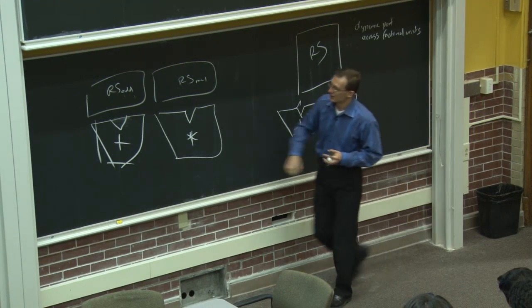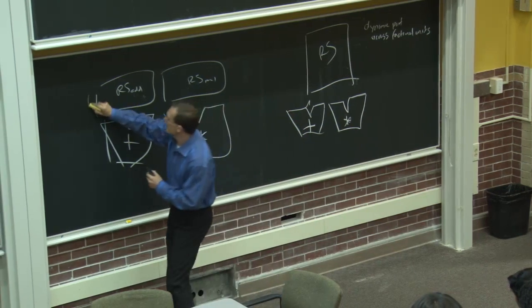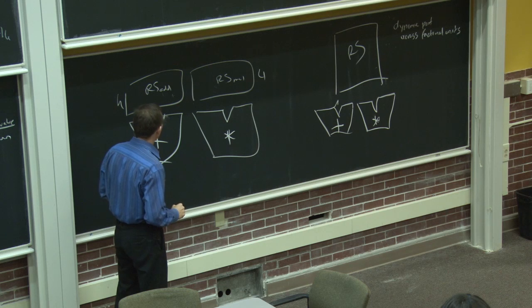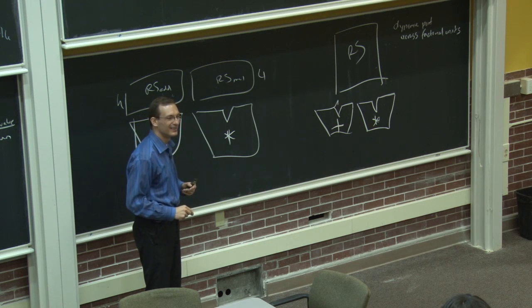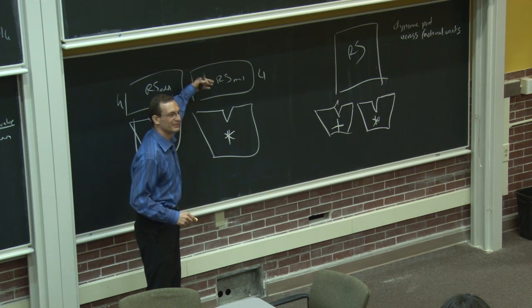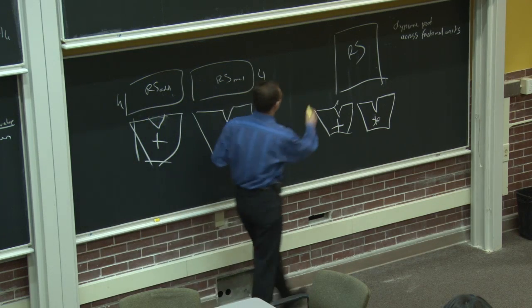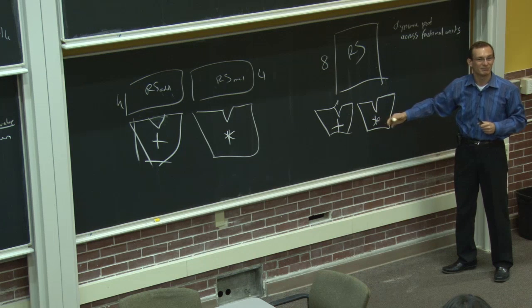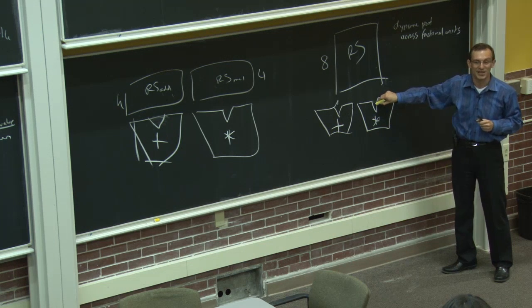For example, here, let's say you have 4 entries and 4 entries. What if you get 8 multiplies in your program? You need to stall here. If you had 8 entries here, you could accommodate those 8 multiplies, right?